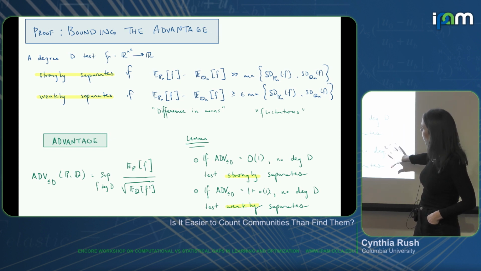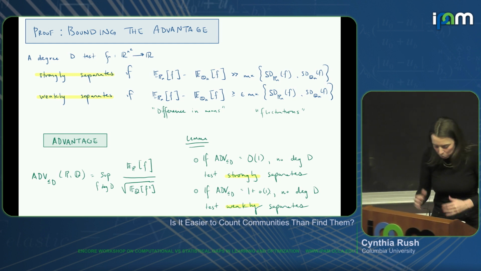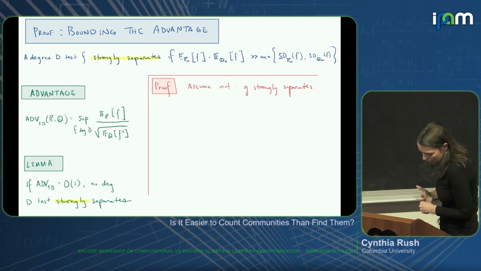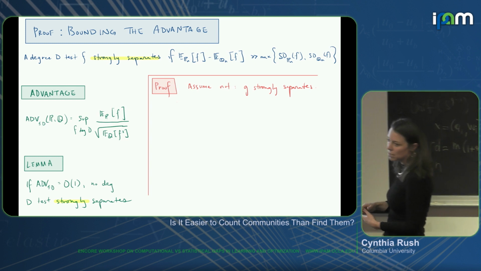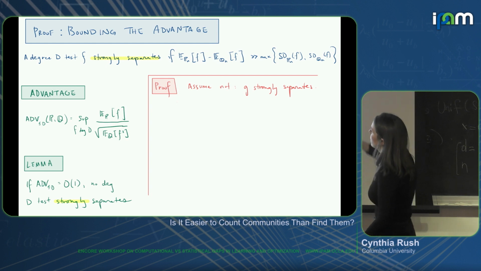And so how do we get here? I'll just sketch a proof for this. I'll do it in the case of strong separation, but the case of weak separation is identical.